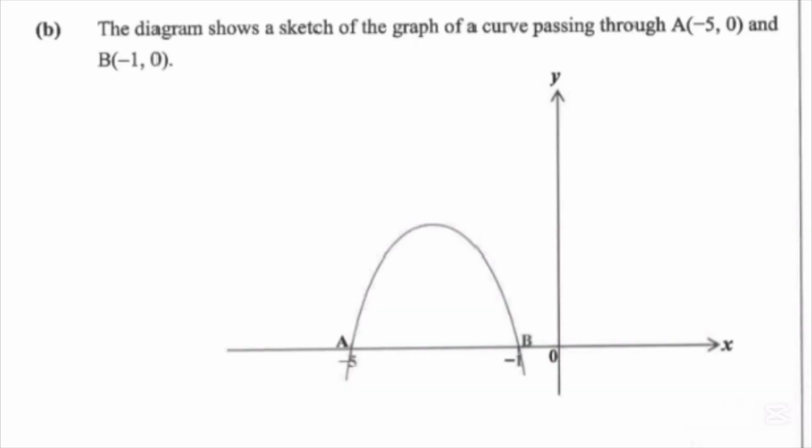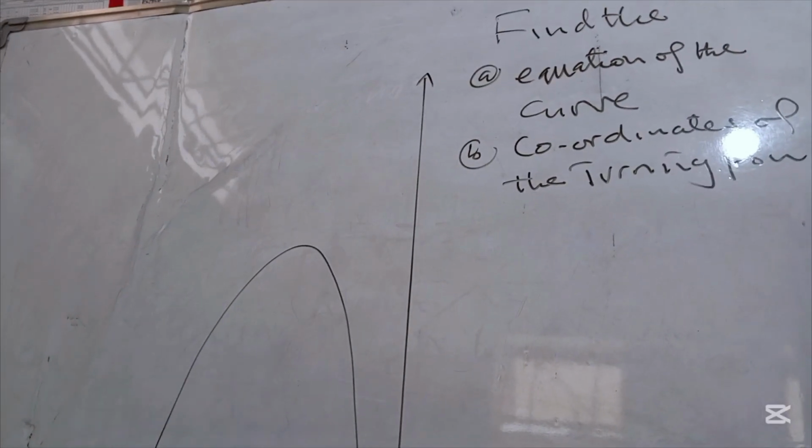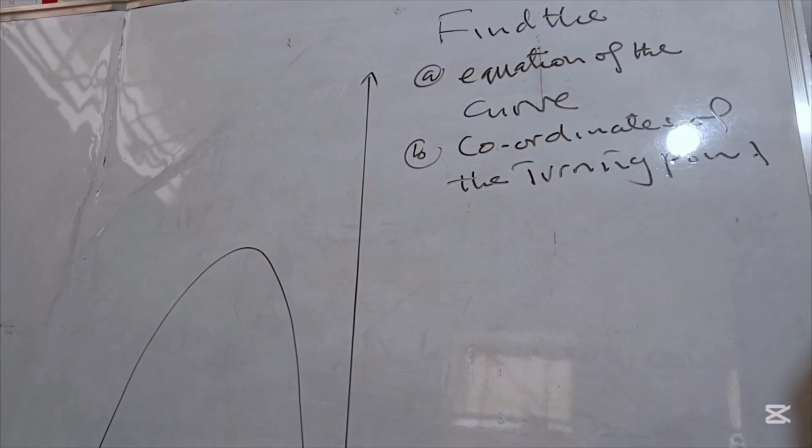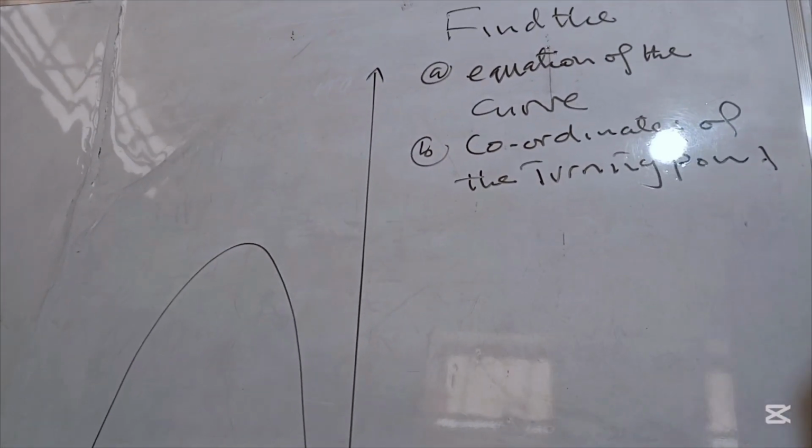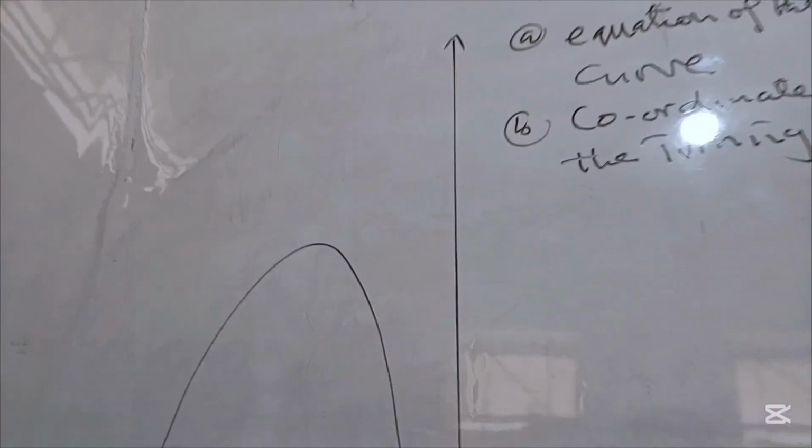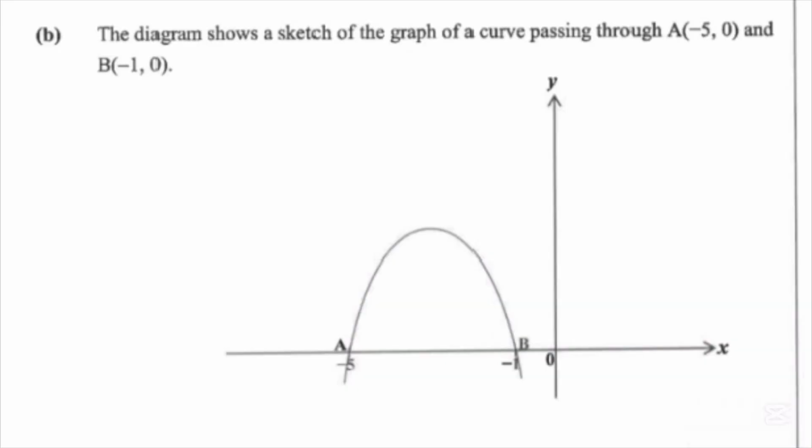Once more, ladies and gentlemen, we're on question 22B. Under question 22B, the following should be noted. This is what we call quadratic functions. They are telling us that the diagram shows a sketch of the graph of a curve passing through these points.